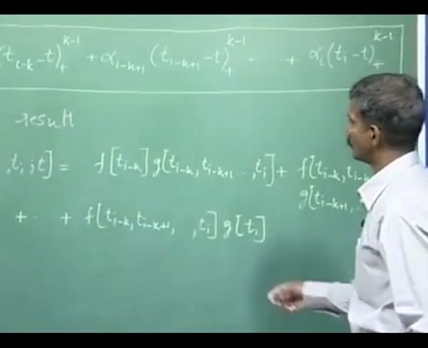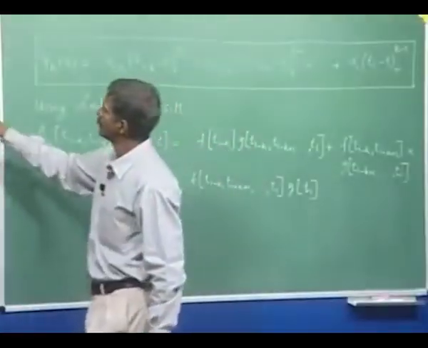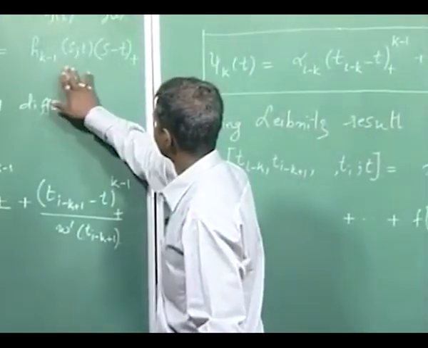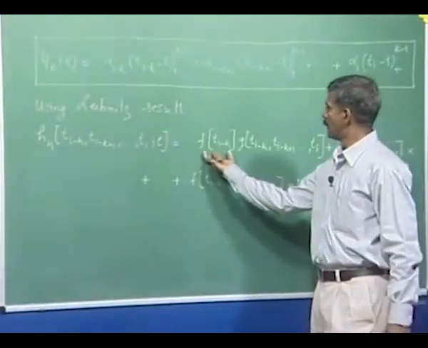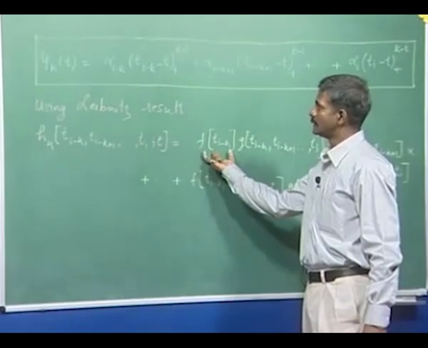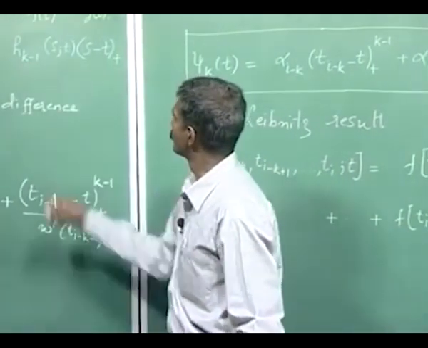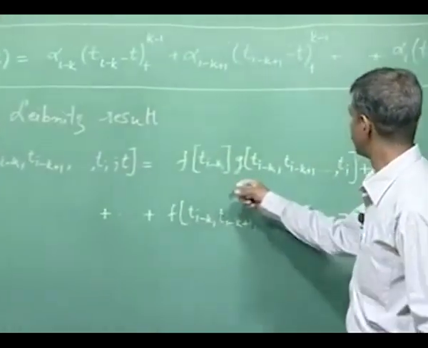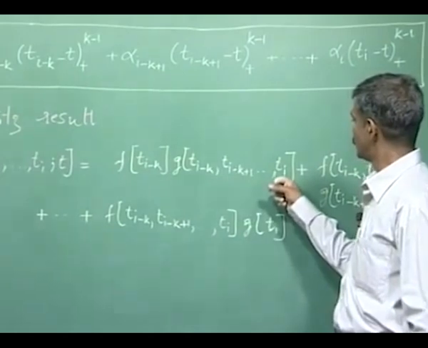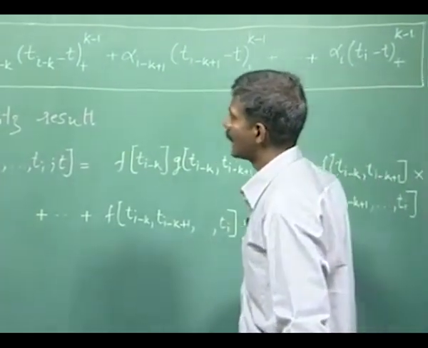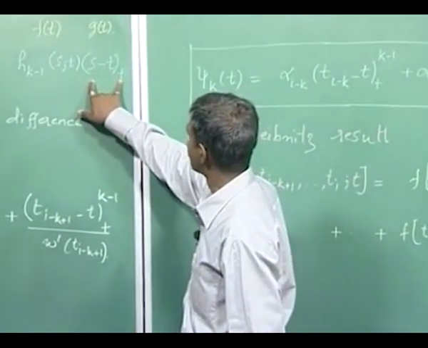Now let's try to relate these divided differences with the truncated power functions here. f(t_{i-k}) is the zeroth divided difference of h_{k-1}. g[t_{i-k}, t_{i-k+1}, up till t_i] is the kth divided difference of (s minus t) truncated.